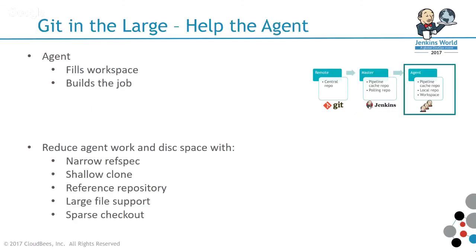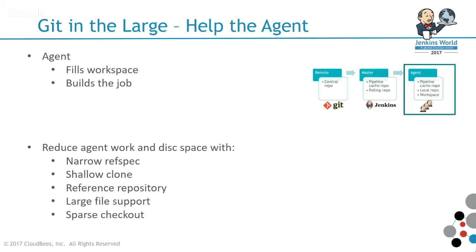Now the agent is a place where you can get significant benefit by using these techniques. The agent is the one that's responsible to populate the workspace by checkout, and it's the one that builds the job. It does the work. So the key things that can help you there: narrow the Refspec so that you ask for less from the central repository and you get less stored on your local workspace. Use shallow clone to limit how much history you get when you don't need full history.